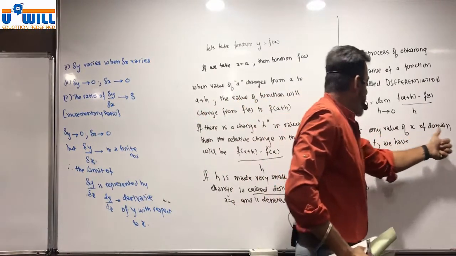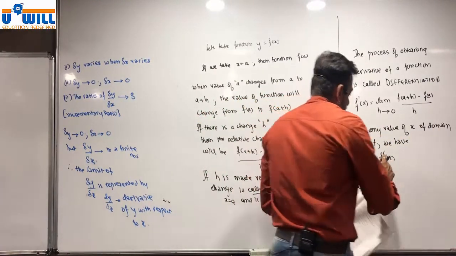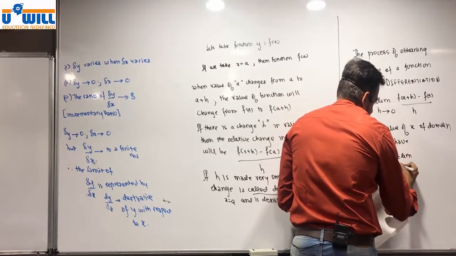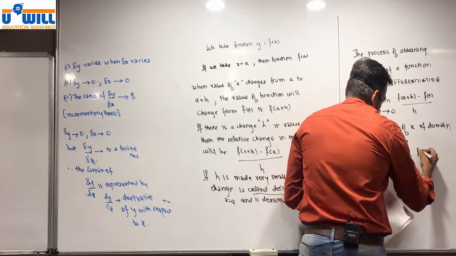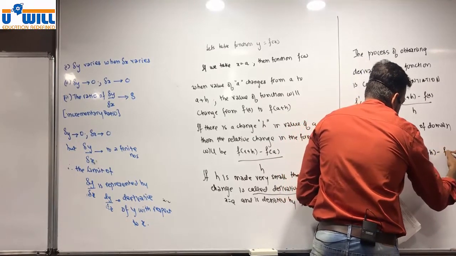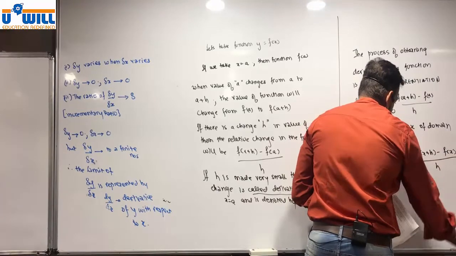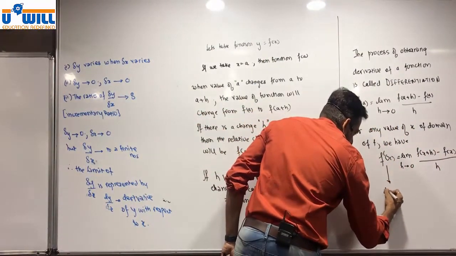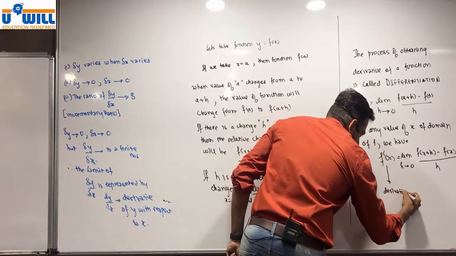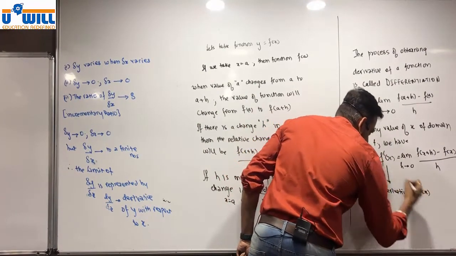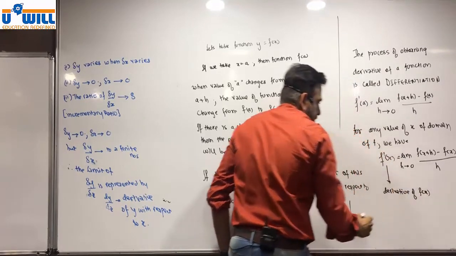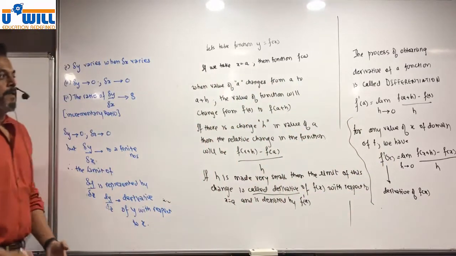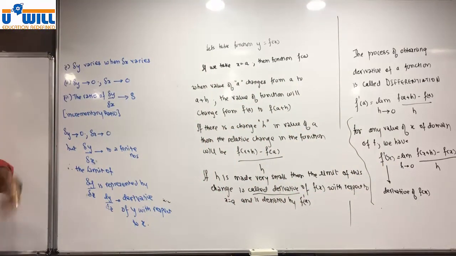For any value of x of domain of f, we have f dash x is equal to limit h tends to 0, f of x plus h minus f of x upon h. This is called derivative of function x. Very important for sums. Same ही है, a के बदले now we have taken x.